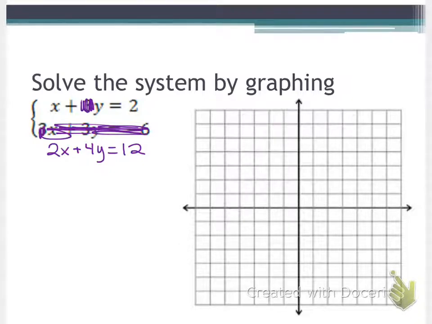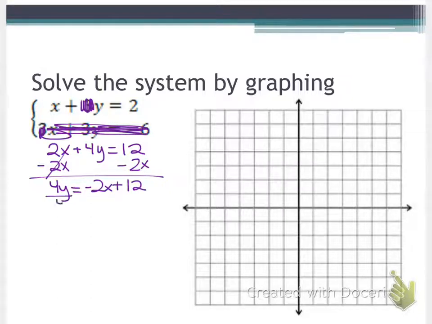So let's get y by itself. To do that, we need to subtract 2x from both sides. Those cancel, so we get 4y equals negative 2x plus 12. Then we divide by 4. And we can think of negative 2 over 4 as negative 1/2 x. And 12 over 4 is just 3. So I just split those out.